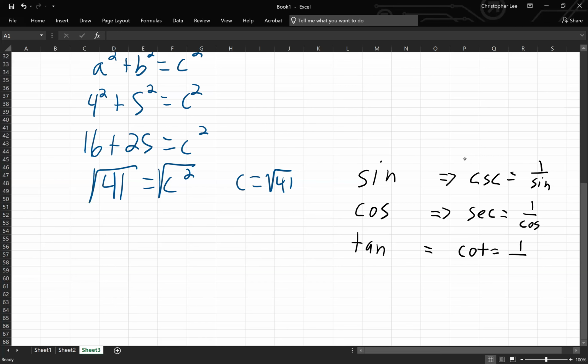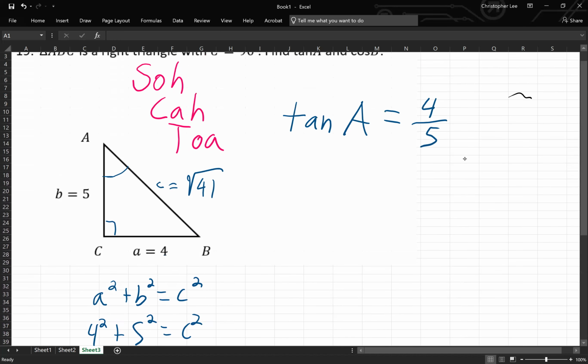Cotangent is 1 over tan. That's all you need to remember. So if I ask you what is cosecant of A, you would do 1 divided by whatever the answer for sine is. Keep, change, flip. It's just going to flip over and that's it.